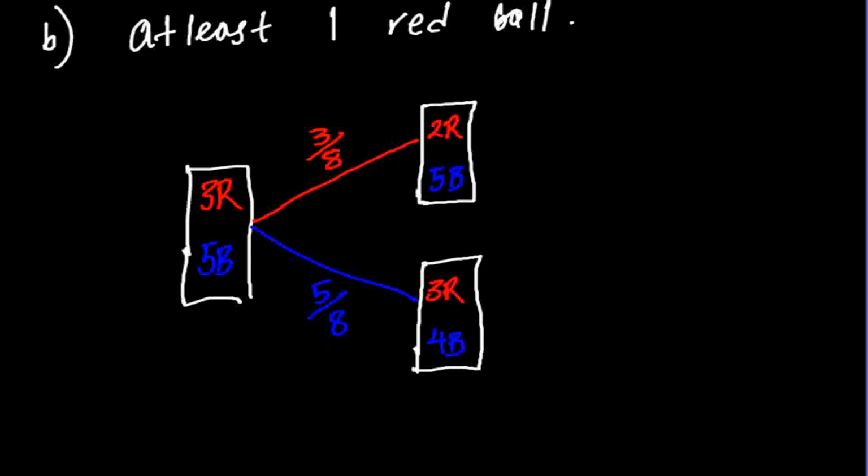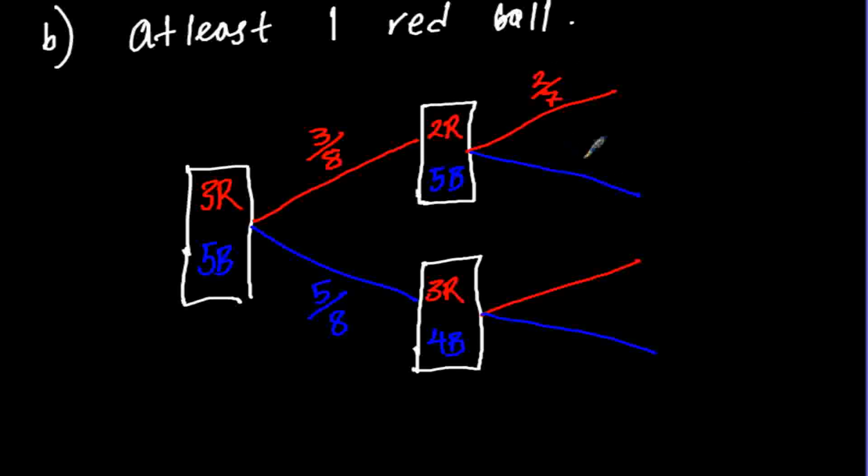Then for the second picking, again we can pick a red or a blue for the 2 bags. So if we pick a red, our probability is 2 out of 7.